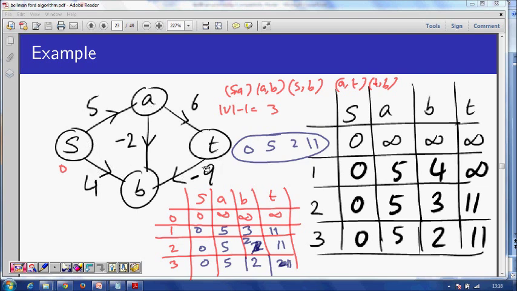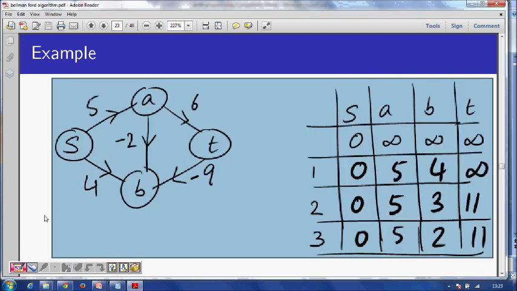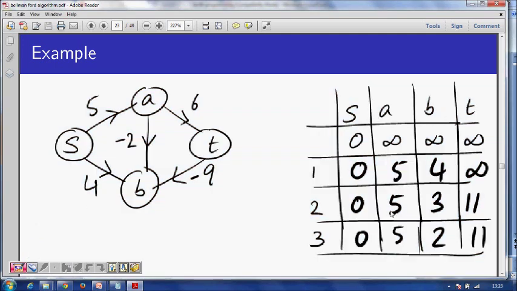Even though there were some negative weights, you see that from S we go 5 plus 6, 11 minus 9, so this 3 hop length is the shortest path. So this is the Bellman-Ford algorithm, how you run it.